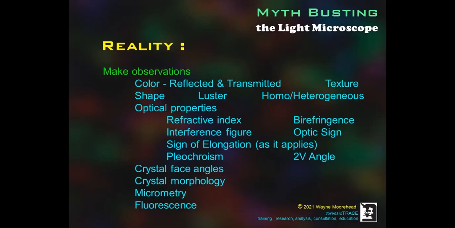In addition to the morphology or general shape of a particle, there is the color in reflected as well as transmitted light, the texture of the surface, inclusions, or some kind of object or pattern internal to the particle that is being observed, the luster or how shiny or dull the sample appears, whether the sample is made of a single particle called homogeneous or different kinds of particles or heterogeneous, or if the size of the particles are similar or different, called micrometry.